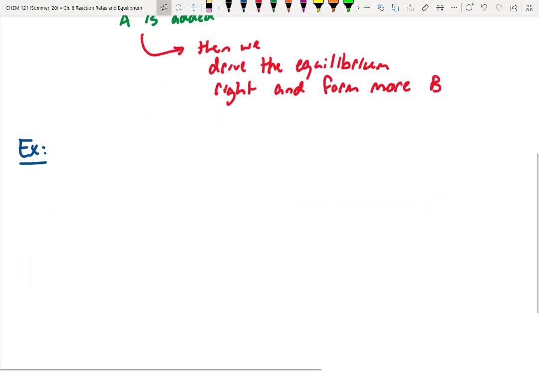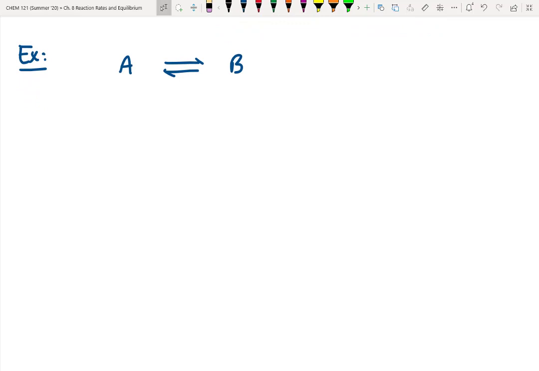All right, rather than thinking about adding more of one, we also took a look at, well, what happens if we remove B?